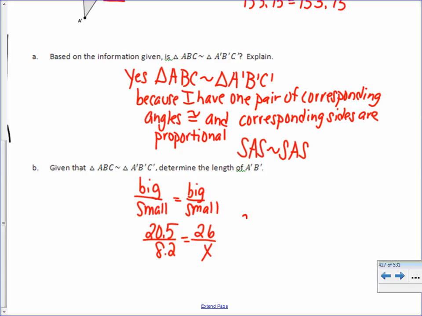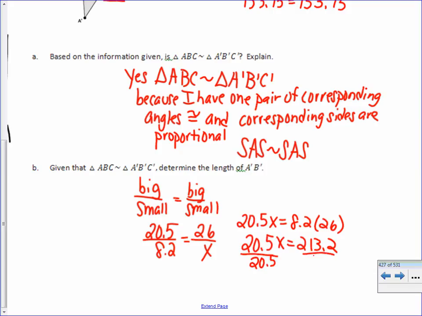Cross multiply. 20.5x is equal to 8.2 times 26. 20.5x is equal to 213.2. Divide both sides by 20.5. And you get x to equal 10.4 units. And just remember to box in your answer.